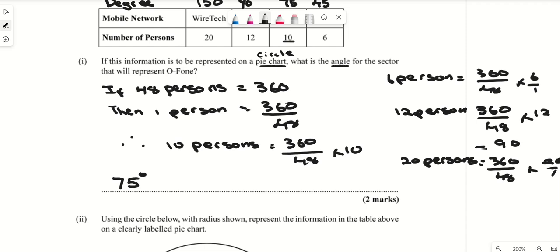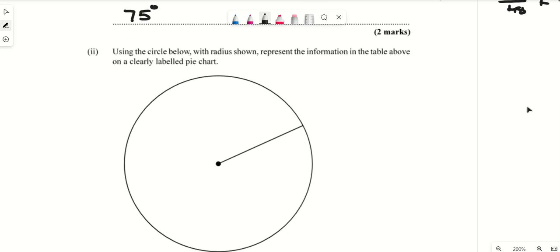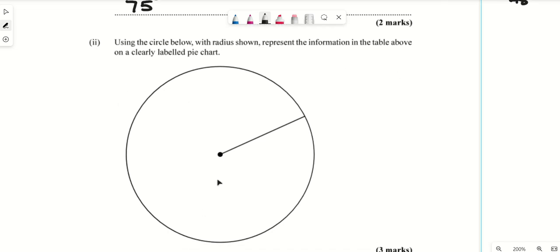75 degrees, right? Then they said using the circle below with radius shown, represent the information in the table above on a clearly labeled pie chart. So basically they're telling you to draw the pie chart for the information above. And for a pie chart, we just need degrees and the labels, right?